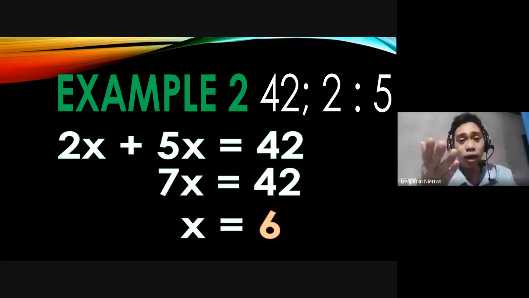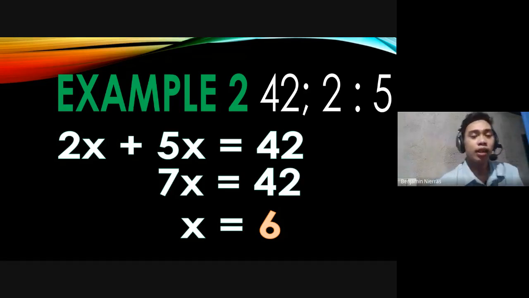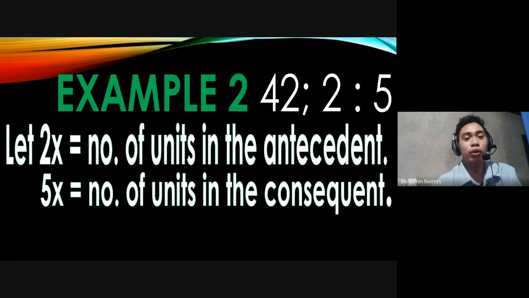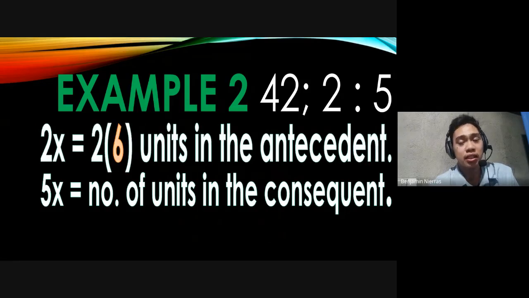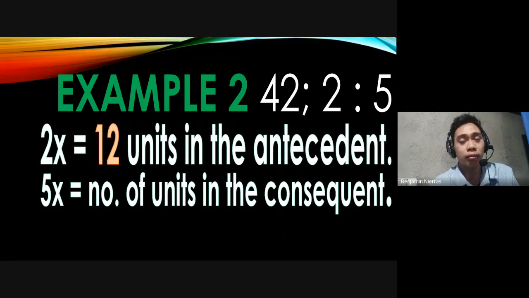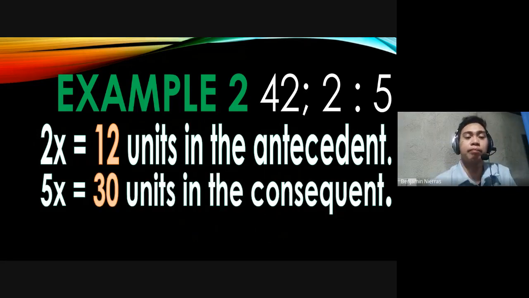If that is the value of our x, then let's go back to our assumption: 2x be the number of units in the antecedent will be 2 times 6 or simply 12. 12 units in the antecedent, and the consequent 5x will be 5 times 6 or simply 30.